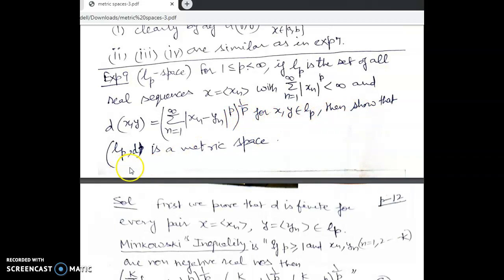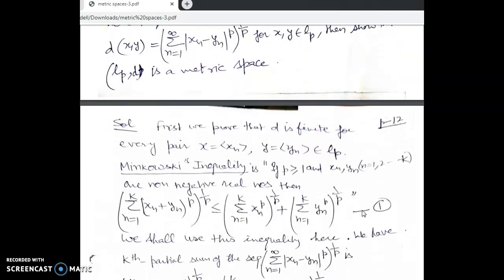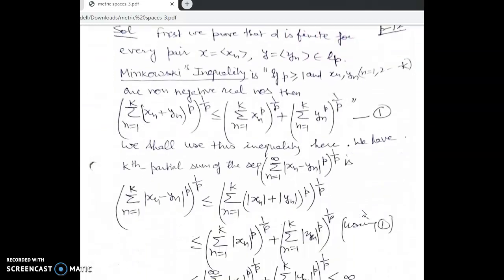Then show that L^p with this metric d is a metric space. First we show that this is finite, and for this we use the Minkowski inequality.